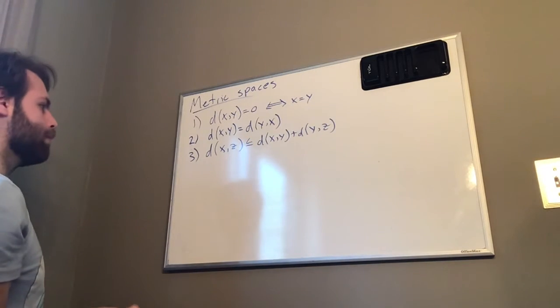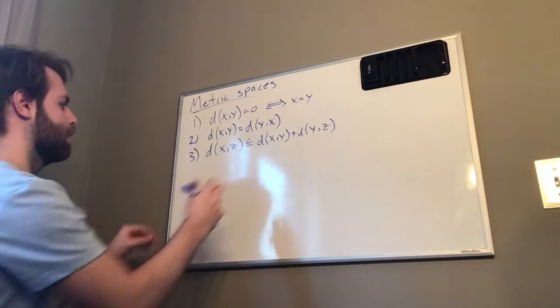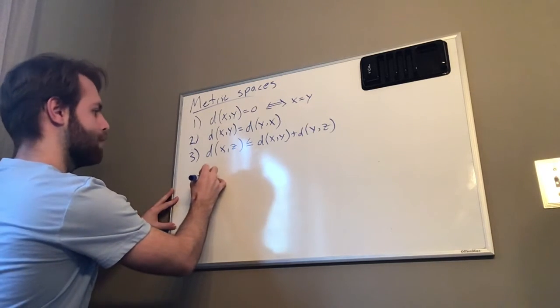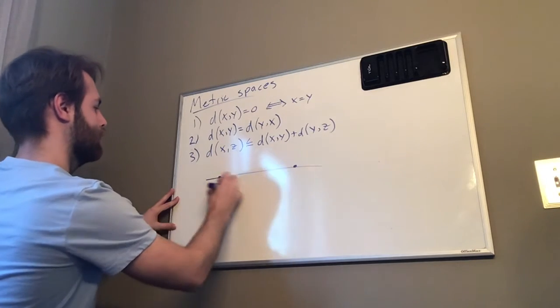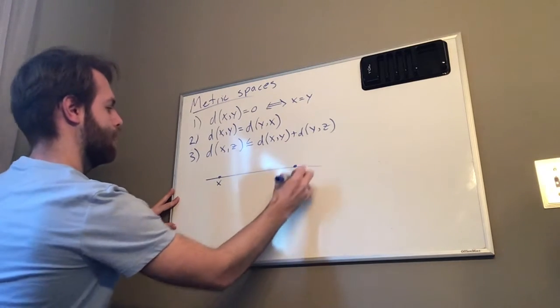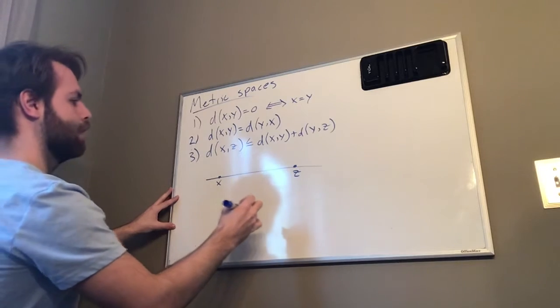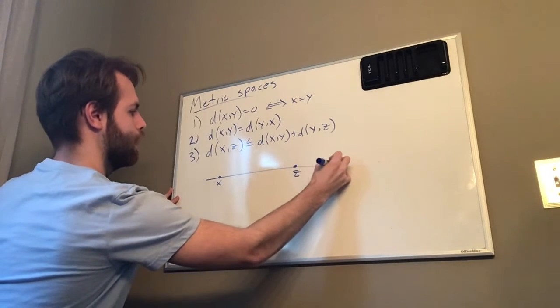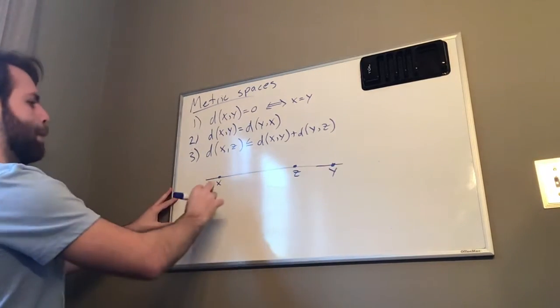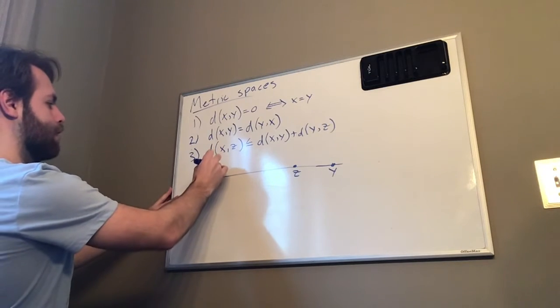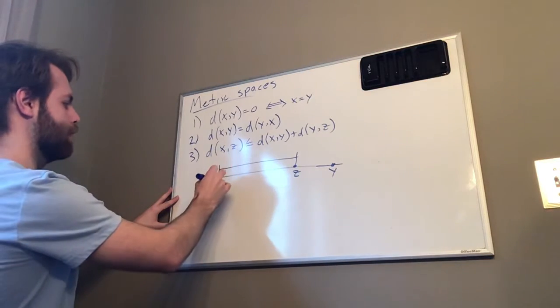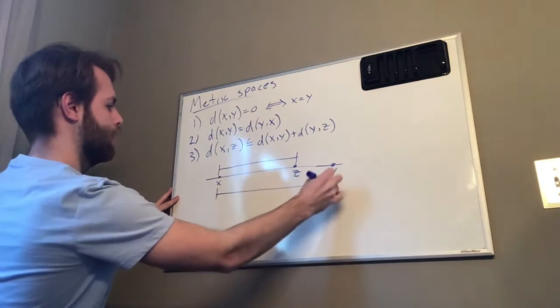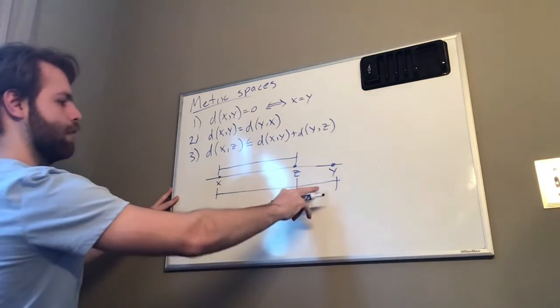So if I had some numbers on a number line, x and z, I pick some other point, call it y, over here. The distance from x to z is going to be less than or equal to the distance x to y plus y to z, right?